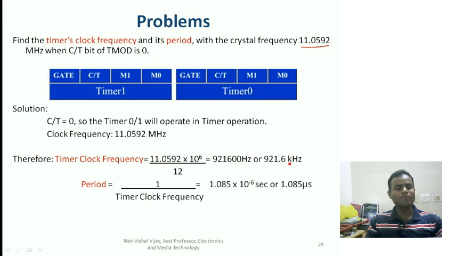Period is equal to 1 divided by the timer clock frequency, which is equal to 1.085 times 10 to the power minus 6 second, or 1.085 microsecond. This is again a simple problem for you to understand timer clock frequency and period. Period is nothing but time. Time is the inverse of frequency. Timer clock frequency is the clock frequency divided by 12.